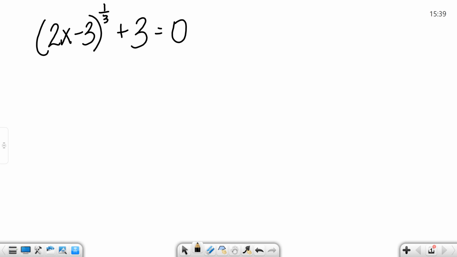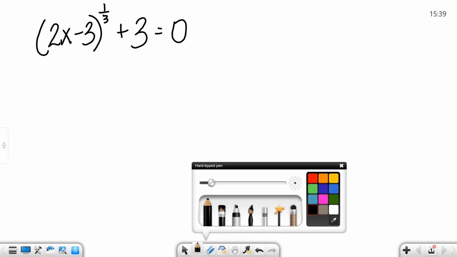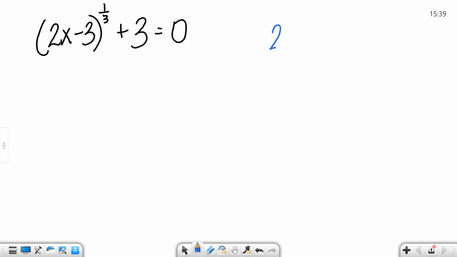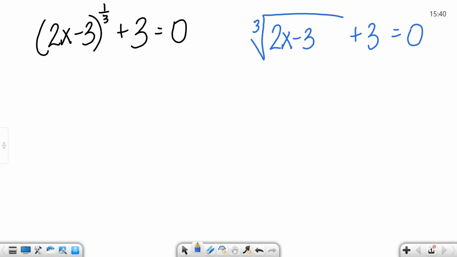All right. Now, this particular problem, I could actually do it two different ways. I'm going to come over here to the right, and I am going to rewrite what this problem says. Remember we've worked with fraction exponents, rational exponents, and that 1/3 means the cube root of.